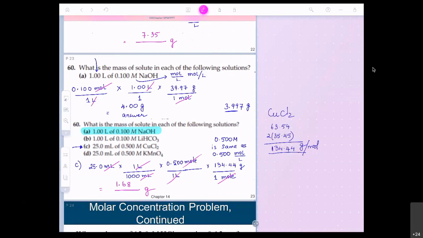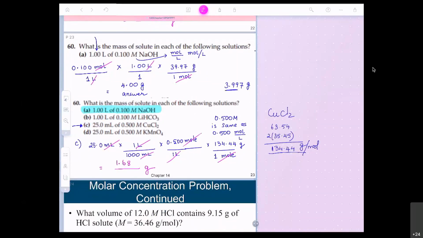So if you're not getting 1.68 or you want me to explain something here, let me know, but I'm going to wait for you to finish your work here. Some of you might have started with 0.500 moles, and that is also okay.